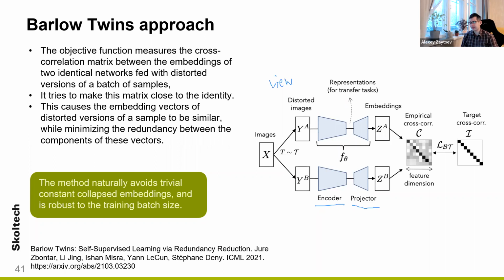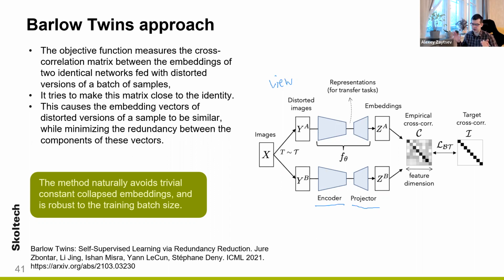So we have some embeddings here, and we have some cross correlations between these two embeddings. We have this correlation between different dimensions of features, and we want these cross correlations to be as close to a diagonal matrix as possible.